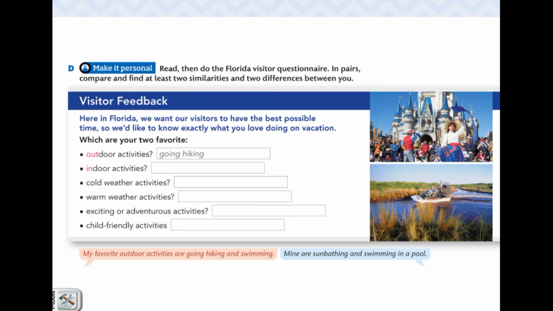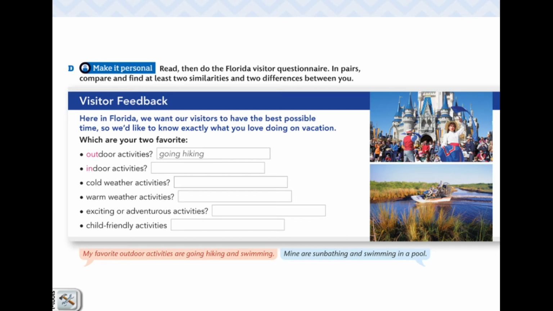And which activities, in your opinion, are exciting, adventurous? Life risk is something that is exciting, but be careful, right? And the last ones here, child-friendly activities, the ones that are not so dangerous, that are safe. And children can do that without any problems, right?